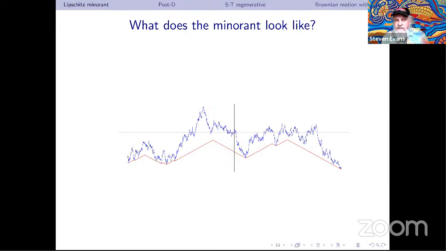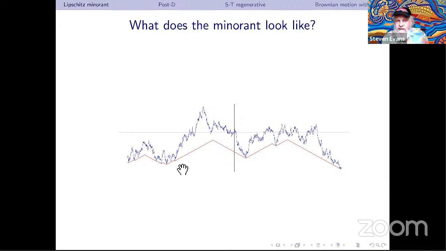We see that the alpha Lipschitz minorant is a function that has these kind of sawtooth paths in between the points where it makes contact with the graph of the Brownian path.